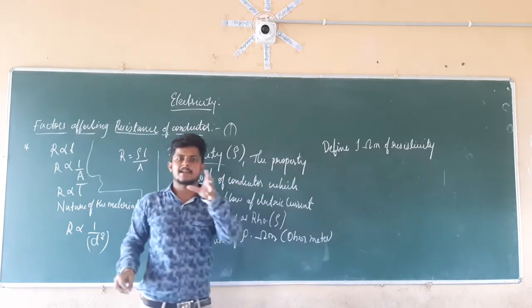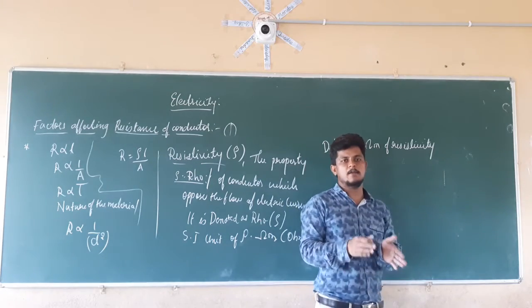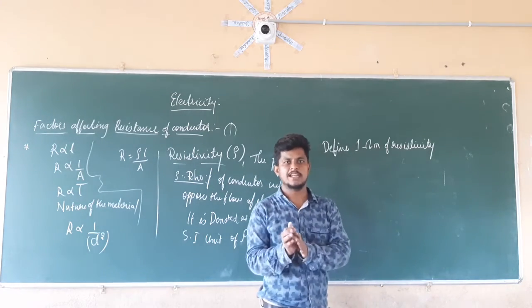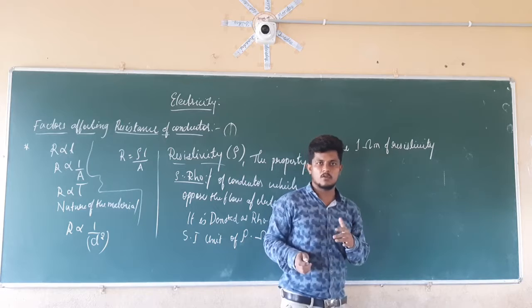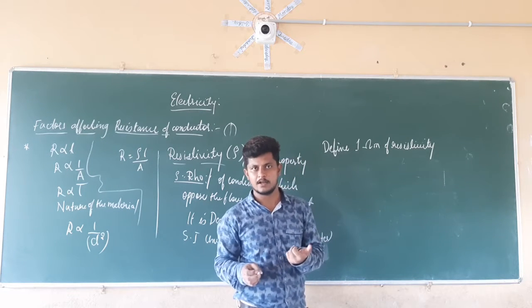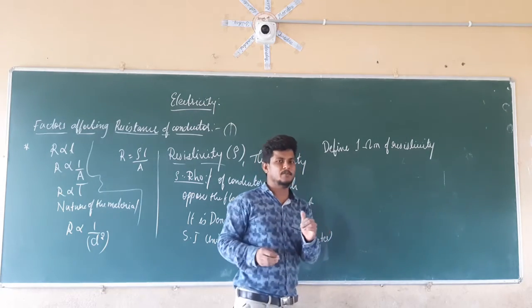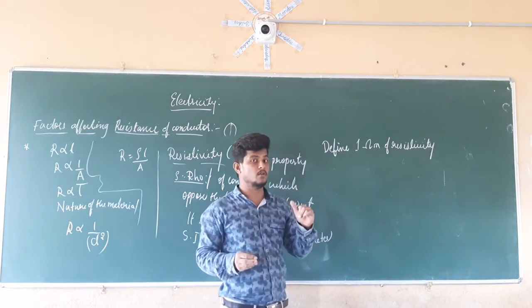When does a conductor have a resistivity of 1 ohm meter? So they are going to ask to define 1 ohm meter of resistivity of a conductor. So I am going to solve it numerically here, so that we can define the 1 ohm meter.